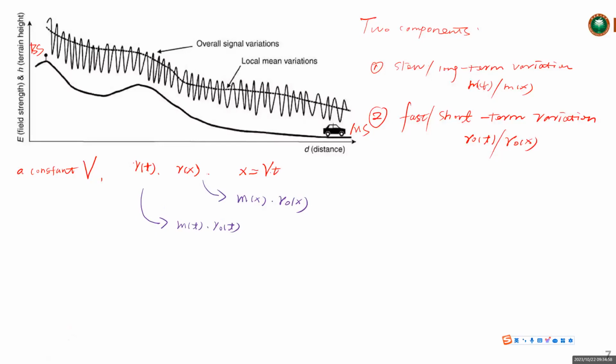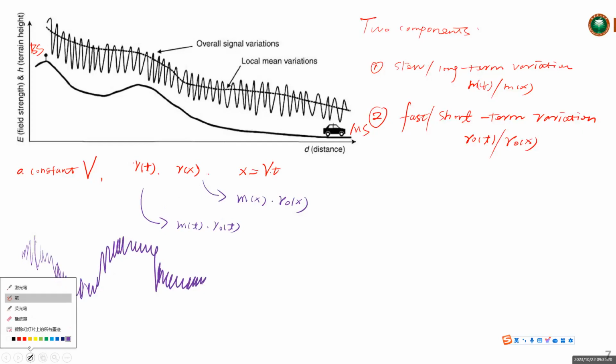And so sometimes, for example, if we have a signal that looks like this, what we should do is obtain the slow variations, right?